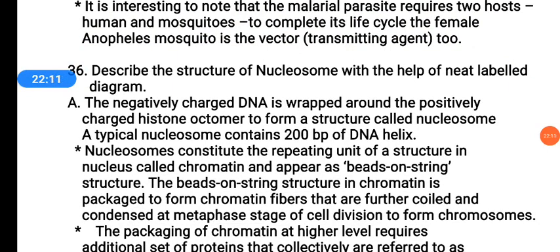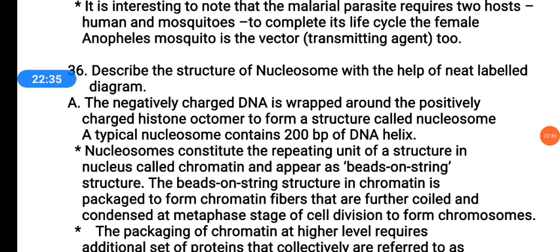Negatively charged DNA is wrapped around the positively charged histone octamer to form a structure called the nucleosome. The DNA, which has a negative charge, is wrapped around the positively charged histone octamer protein, finally forming one body structure called a nucleosome.